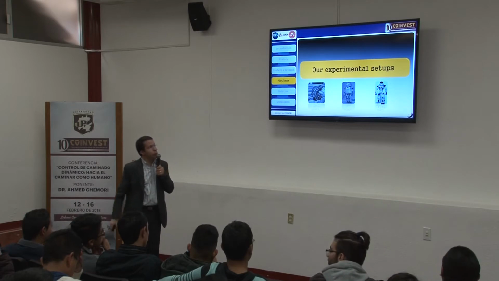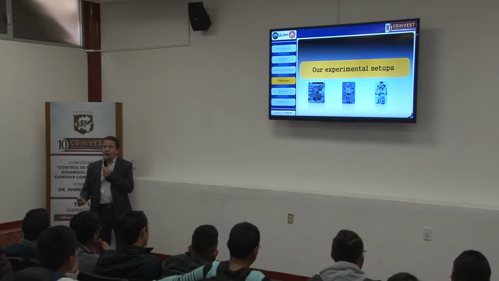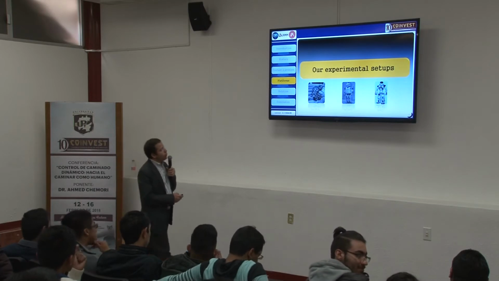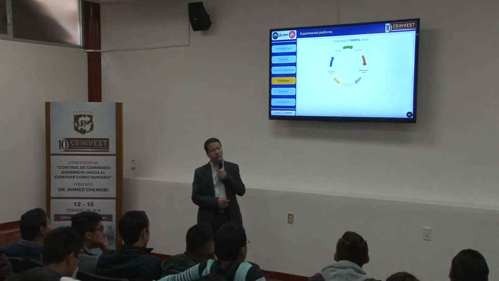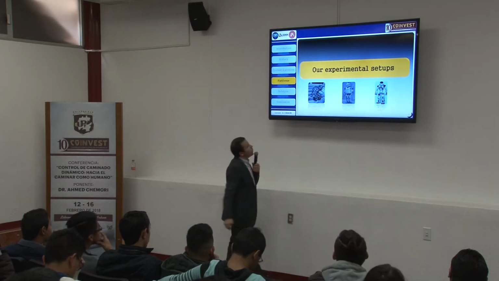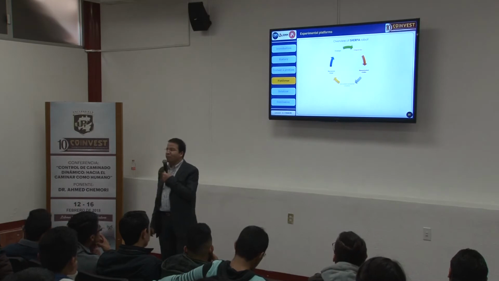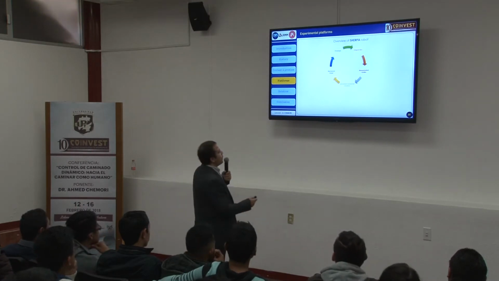Now let me introduce the experimental platforms that we have in our lab and on which the proposed controllers have been validated. I start with this first one. The robot is called Sherpa. Do you know what a Sherpa is? The name Sherpa is very easy.